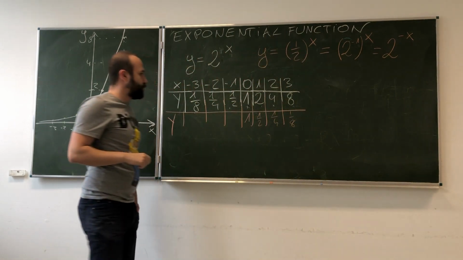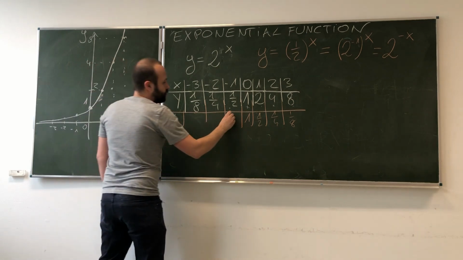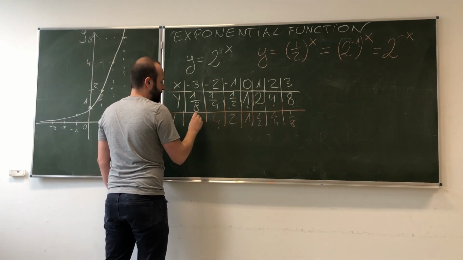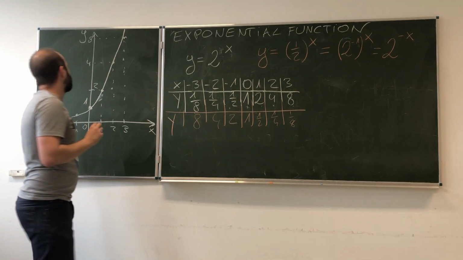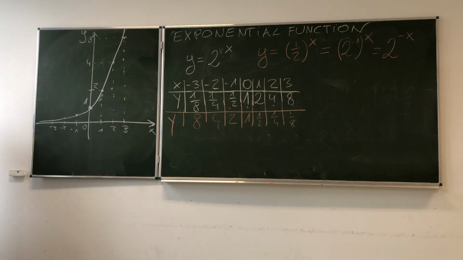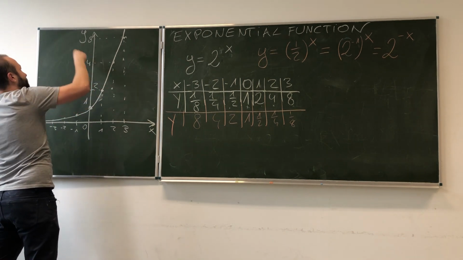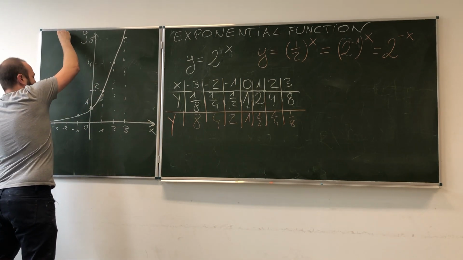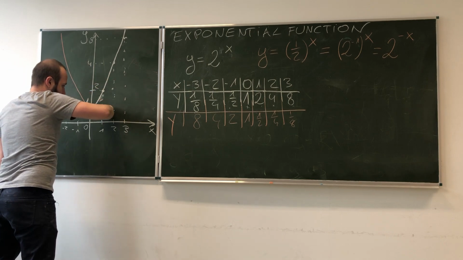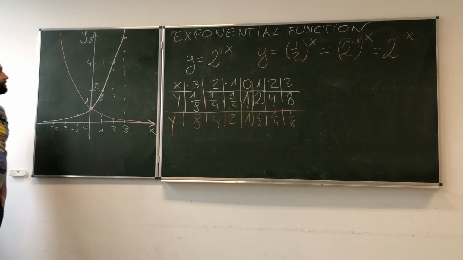And in the opposite direction, 2, 4, 8. So what are we getting out of this? If I now connect all those points, I will get a function that looks like this.